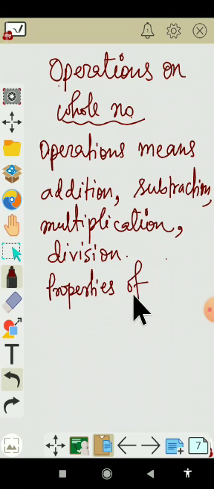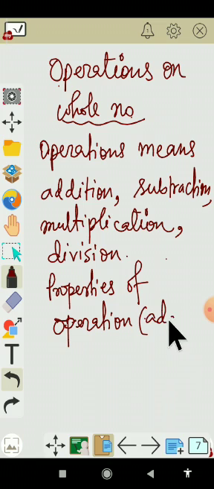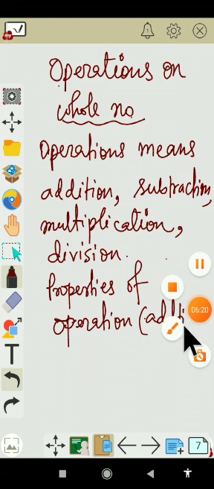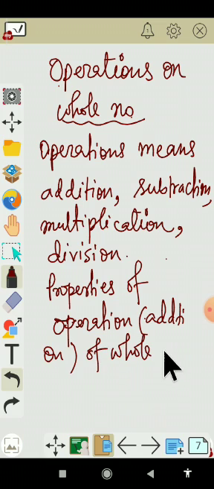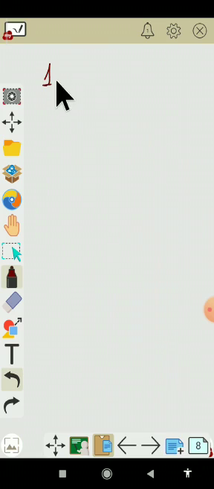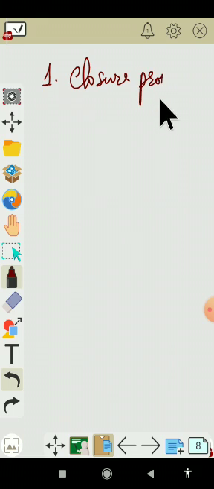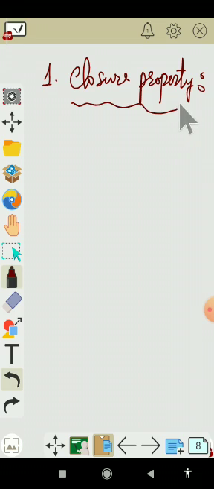Properties of addition of whole numbers. So what properties are there? First is the closure property. Closure property means what?